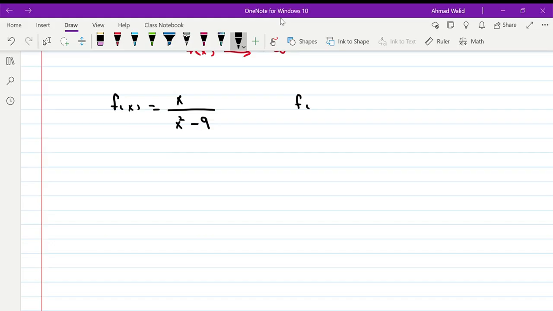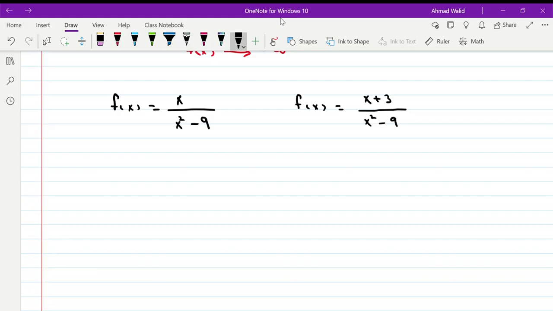Let's do a few of them. f of x equals x plus 3 over x squared minus 9. Correct? Let's find the vertical asymptotes of both functions.